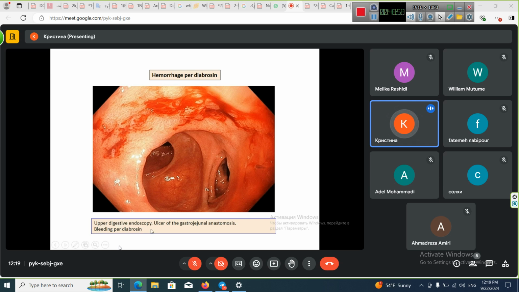Upper digestive endoscopy, ulcer of the gastrojejunal anastomosis. So here is the wall of the stomach. When we look from inside, the camera is placed inside the cavity of the stomach, and we see the surface of the stomach.